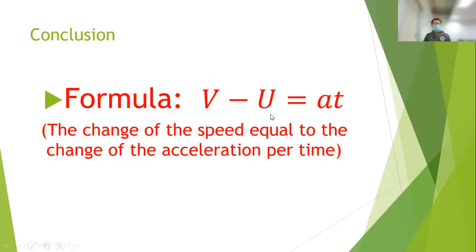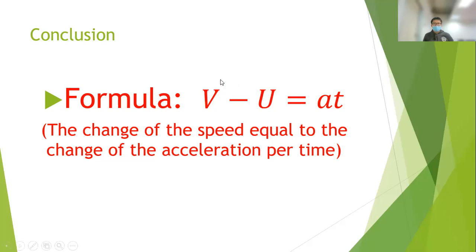In this formula, we want to find the change of the speed, and this change of the speed is equal to acceleration times time. Please remember this, it is very important. In the previous chart box IMC, a lot of people missed out v and u.